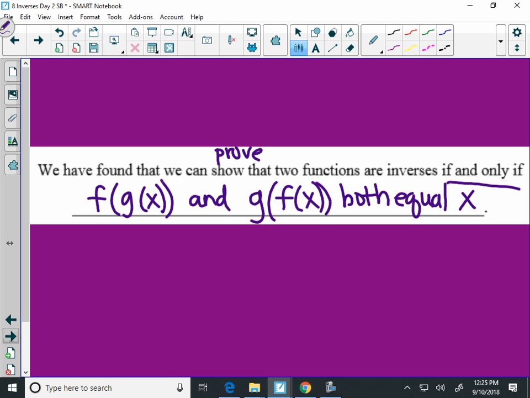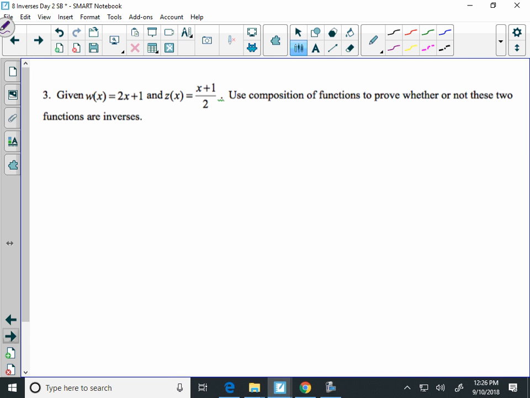We did two functions that we already knew were inverses, but we're going to try it now with two functions that we don't know if they are inverses, and we have to choose. Okay? So flip your paper over. This is our last one today. We want to decide if 2x plus 1 and x plus 1 over 2 are inverses of each other.